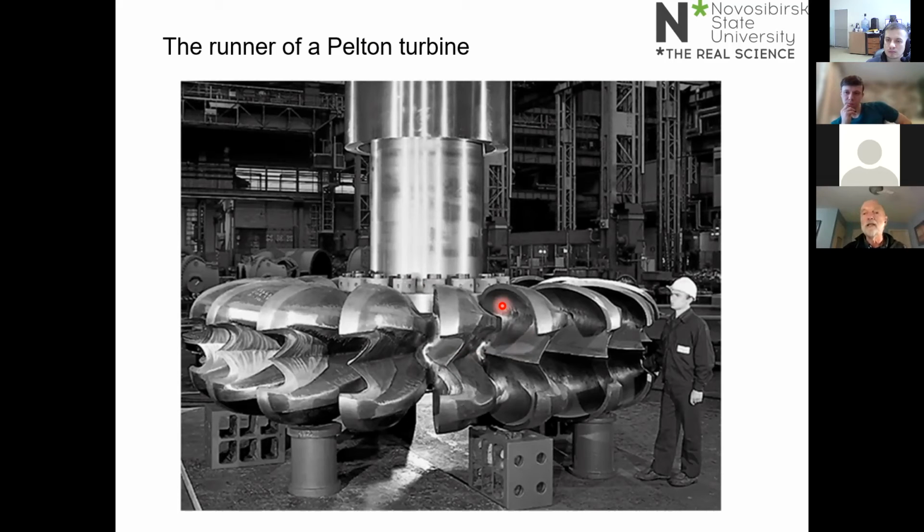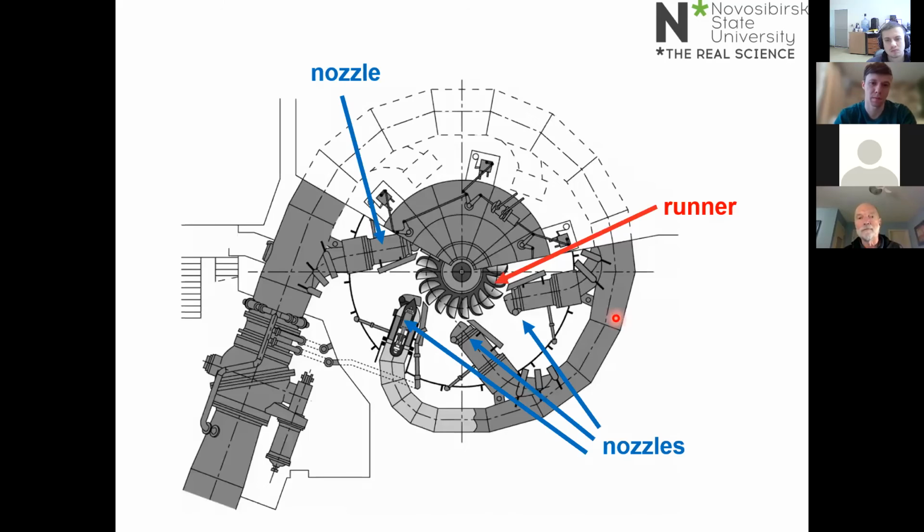It's relatively easy to get efficiency well over 90% with a Pelton turbine. In fact, the main cause of inefficiency in most Pelton turbines is the air resistance of the runner, the drag on the runner as it rotates through the air. I'll show you an example of that later on.